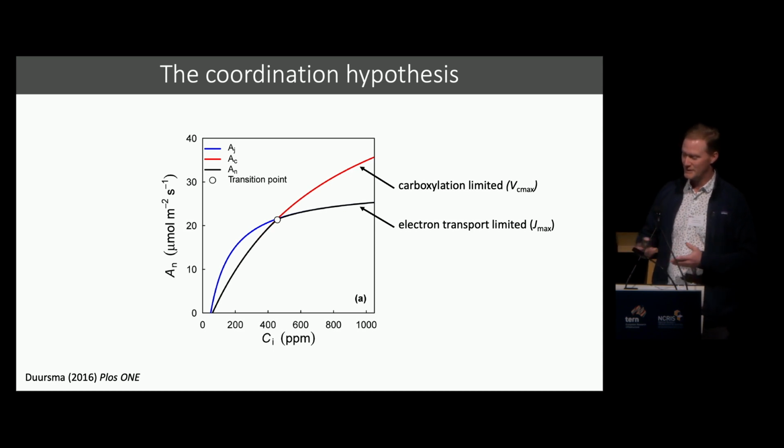So there are really sound reasons for expecting that plants will balance these reactions in such a way that the Ci transition point should be near to the operating Ci. And Ci is the CO2 concentration inside the leaf.